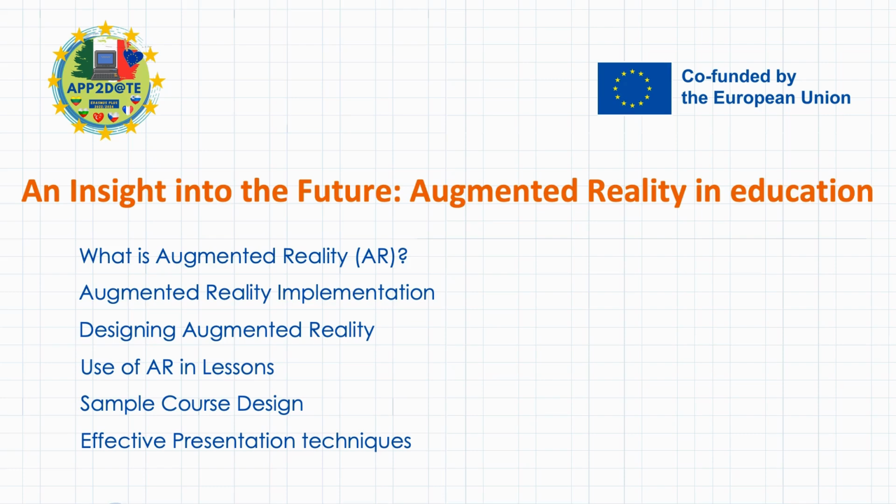In this chapter, you will be provided with relevant information related to understanding of what is meant by augmented reality, ways of implementation of augmented reality, designing it once, using in lessons. Sample course design will be provided as well as effective presentation techniques.